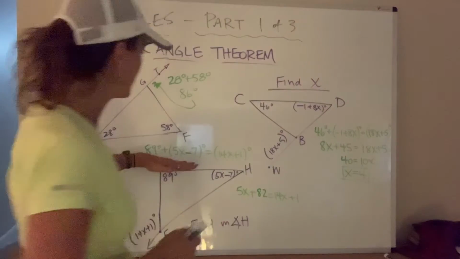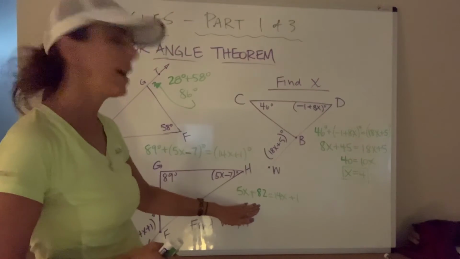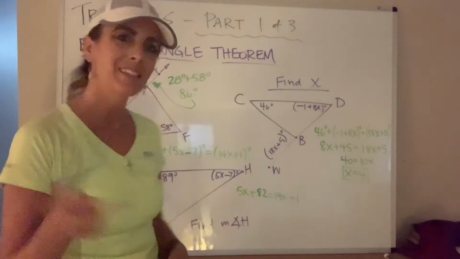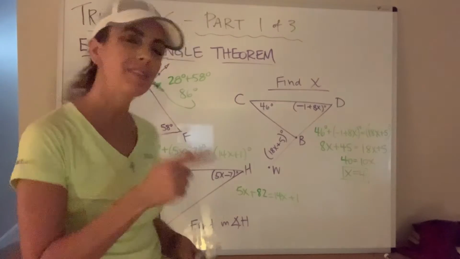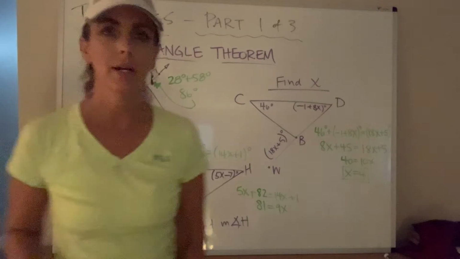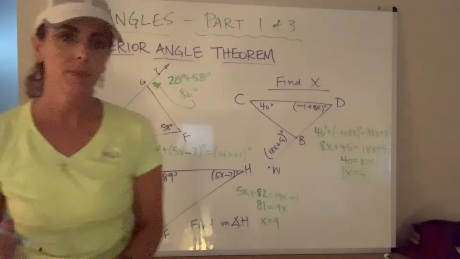Now if I clean up the left-hand side, I've got 5x plus 82 is equal to 14x plus 1. Let's subtract the 1 on both sides and subtract the 5x on both sides. And we should end up with 81 is equal to 9x. So x would equal 9.